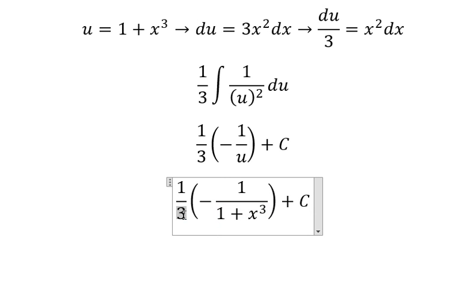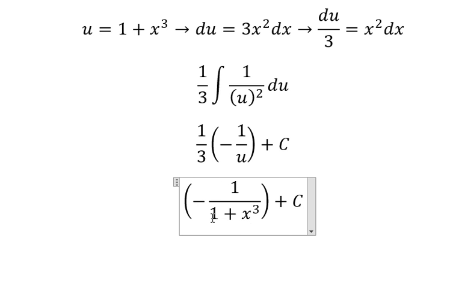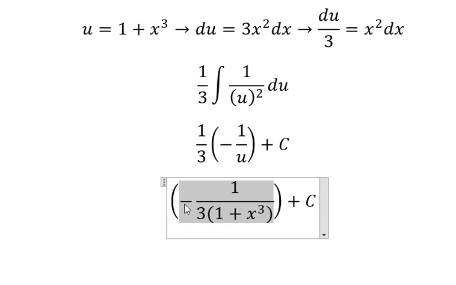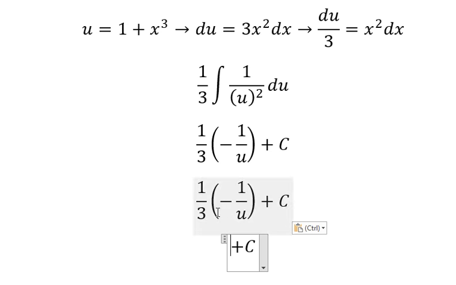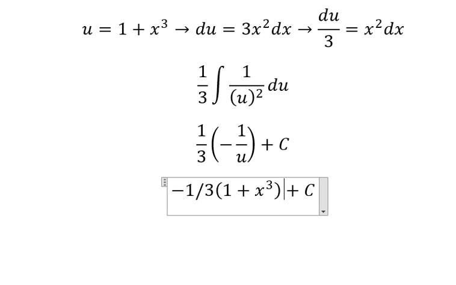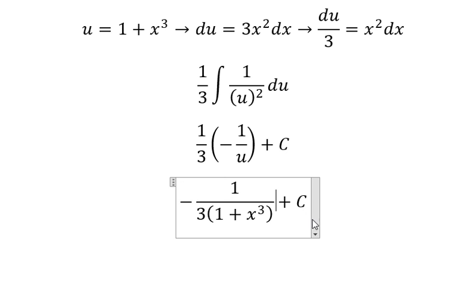Now we have number 3 multiplied by this one in here. And this is the final answer we need to write.